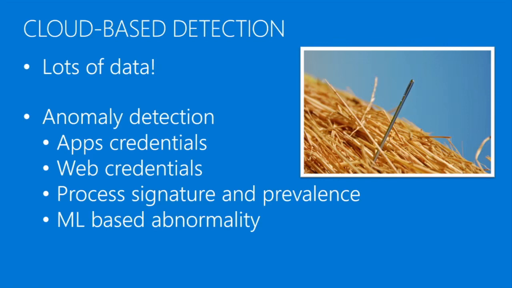In addition, we verified that web credentials are read by browsers and other relevant web apps. In addition, we verified the requesting process signature and its prevalence. On top of that, we also ran a machine learning-based detection. So we managed to create an accurate detection for this threat in this way.